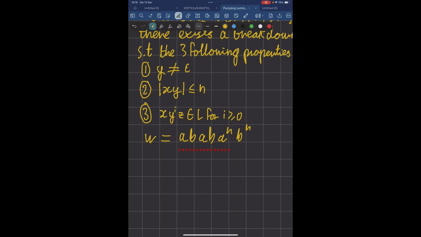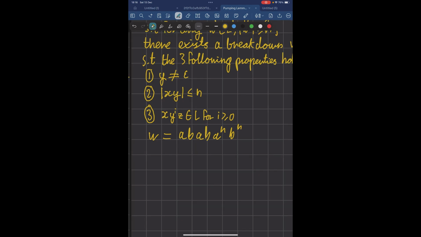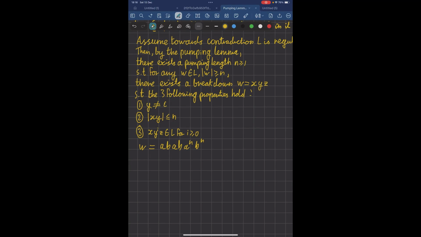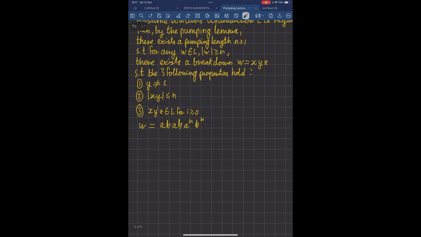But the thing is, the first n characters of the string contain a mix of b's and a's. And so x and y can contain both b's and a's, which also means that y can contain both. Because we want to prove that no breakdown of the string has these properties, we would need to consider all possible breakdowns.